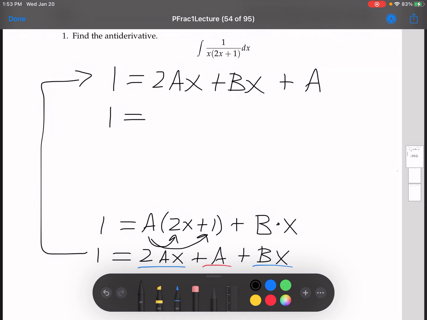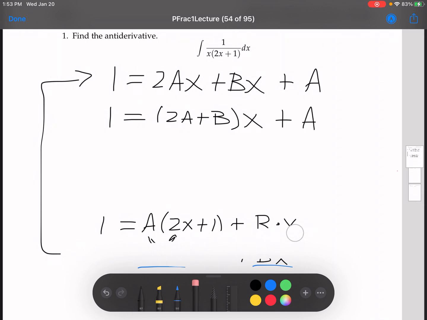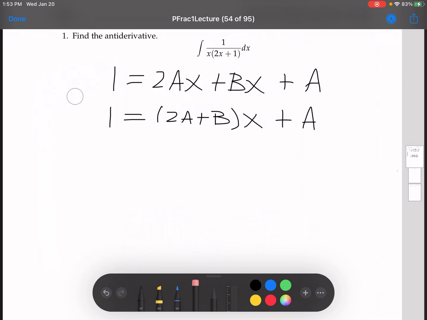All right, now using the distributive property again, but in reverse, I'll write this as 2A plus B times x plus A. And now I'll use a little trick from a theorem from algebra.